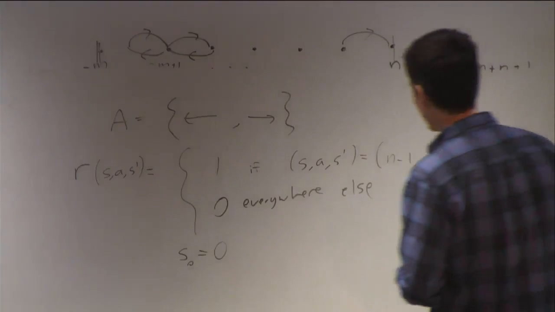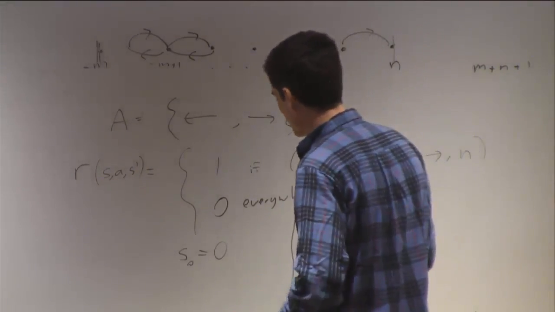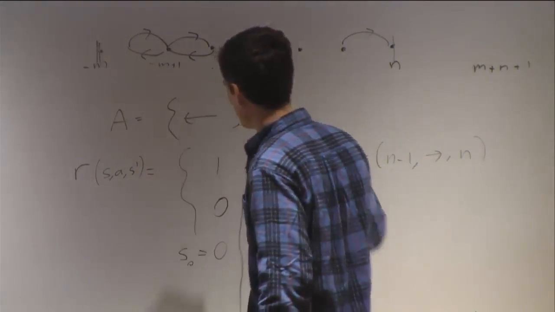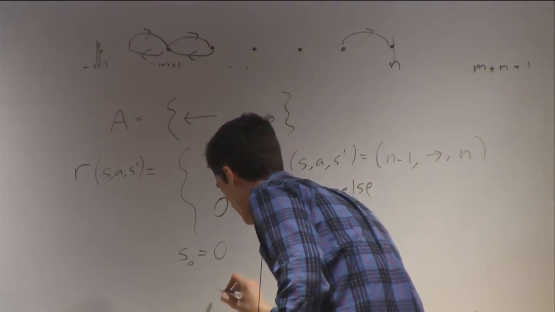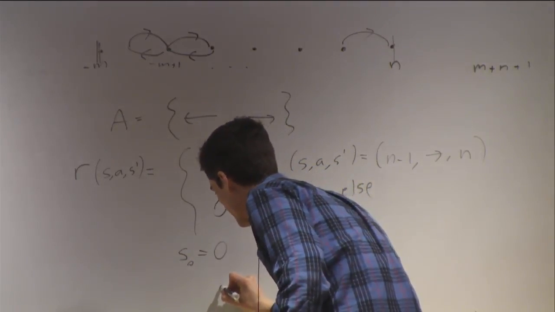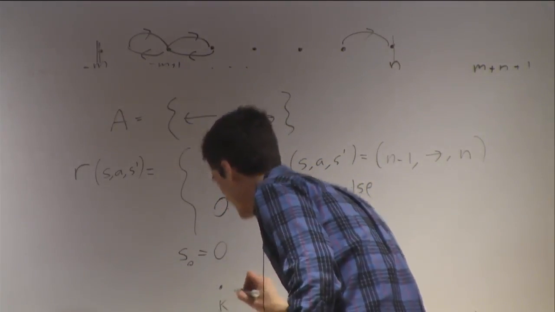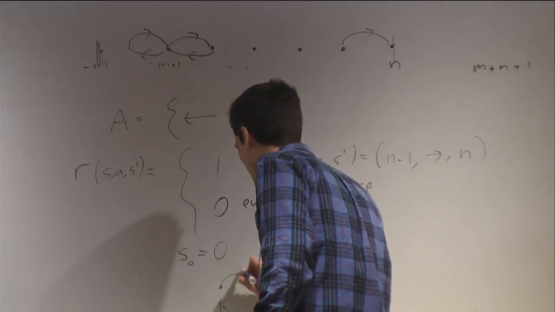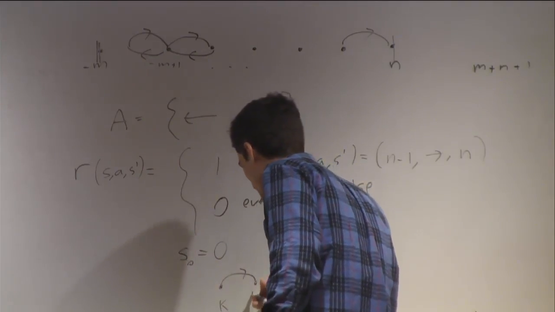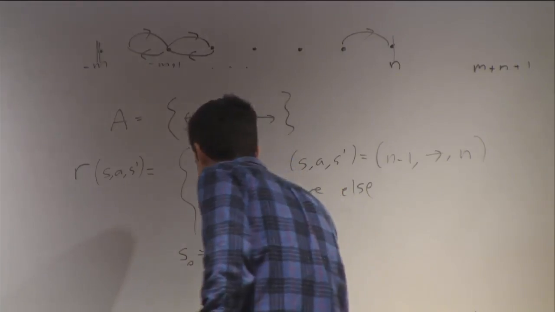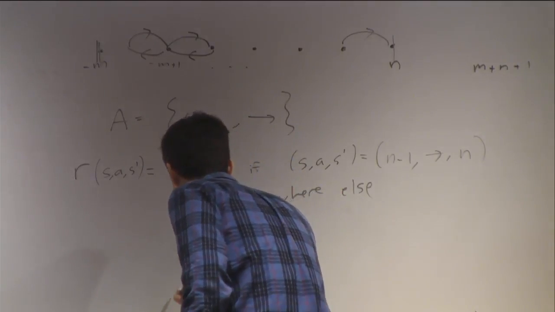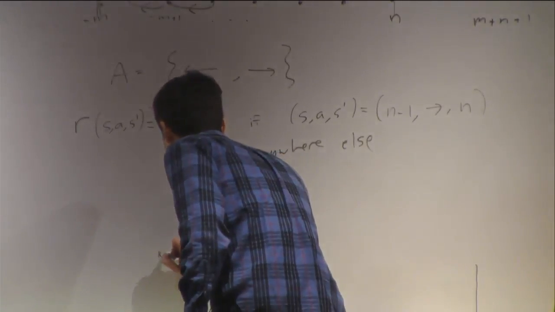So there's a neat trick here, which is that you can say, OK, let's say we're at a given point. Let's say we're at k. This is state k. So there's a probability of 1/2 that we'll go to the right to k plus 1, and probability of 1/2 that we'll go to the left to k minus 1.